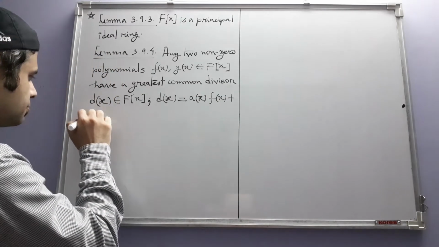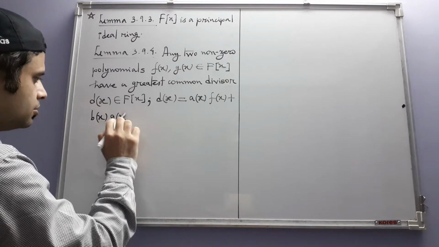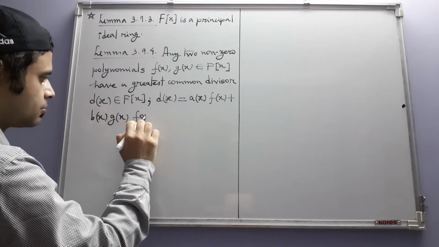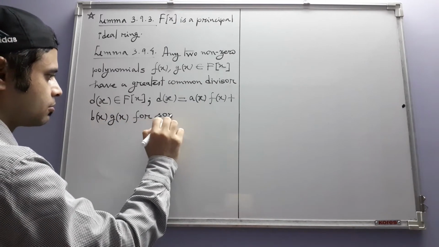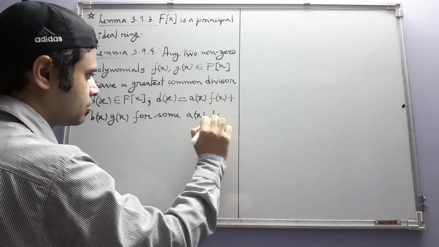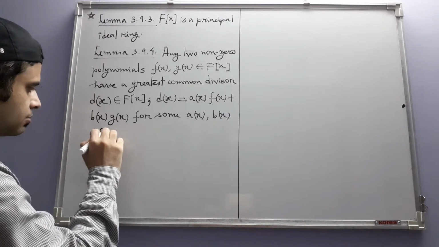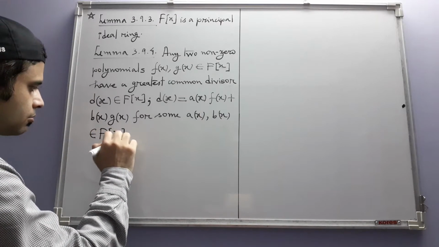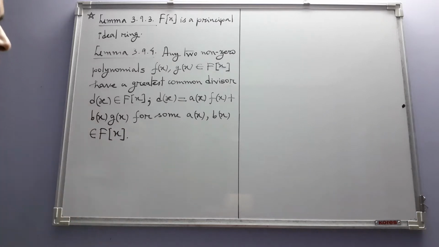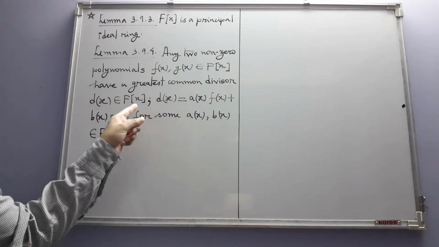Plus b(x) times g(x), for some elements a(x) and b(x) in F[x]. Note that we are just stating these results in this particular Euclidean ring.